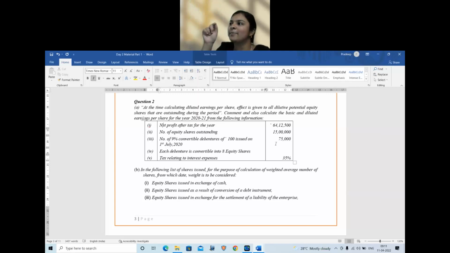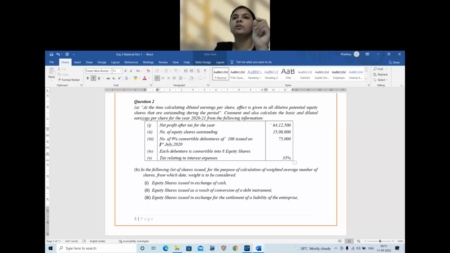Because debentures have been issued on 1st July. Which means debenture interest will be calculated not from April. It will be only calculated from July. So, here, what is the most important point that we have to remember? Date of issue of the instrument is important. So, if the question says it was issued already existing or issued in the beginning of the year, no problem.